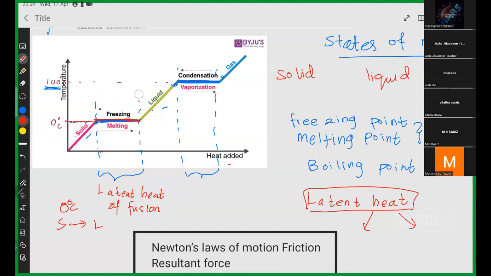No temperature change happening, but change of state of matter happens. That time, we are giving the heat continuously, let's say from the fire or something else. The system is absorbing the heat. That heat absorbed is the latent heat. So here it's latent heat of fusion, and here it's latent heat of vaporization.